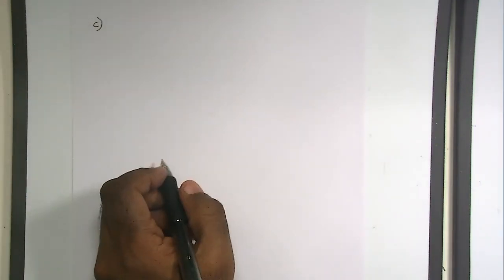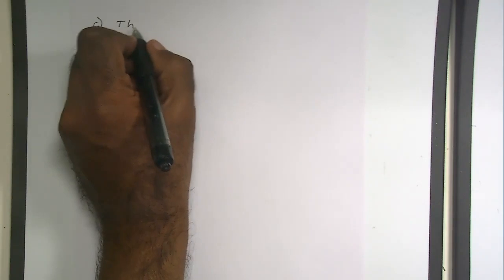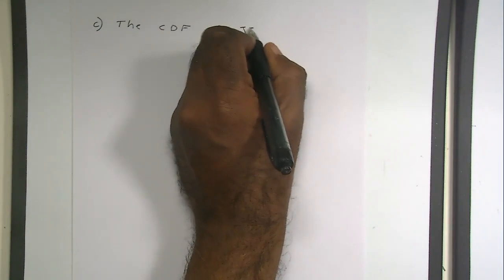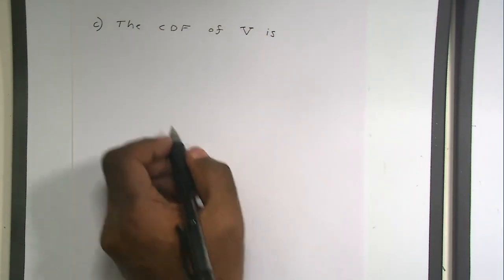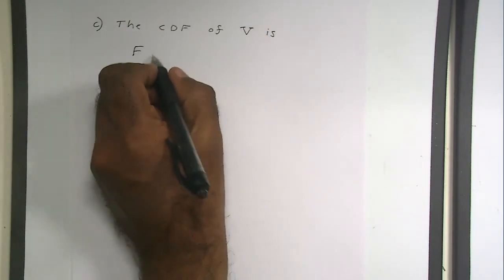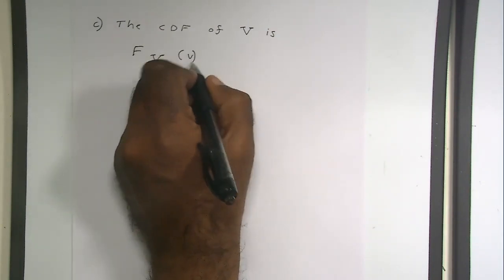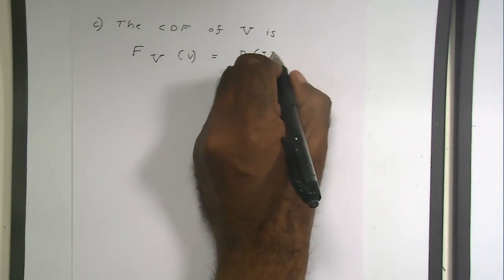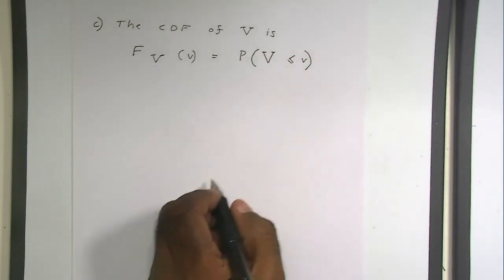Okay. Next, that's B. The next thing I'm going to do is C, the CDF of V. The CDF of V is this, right?